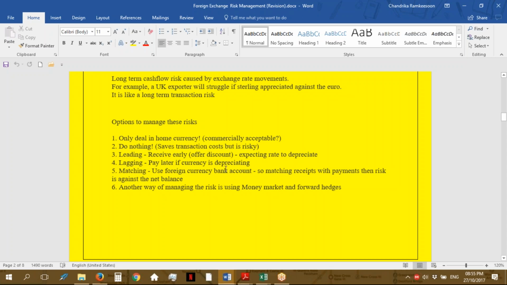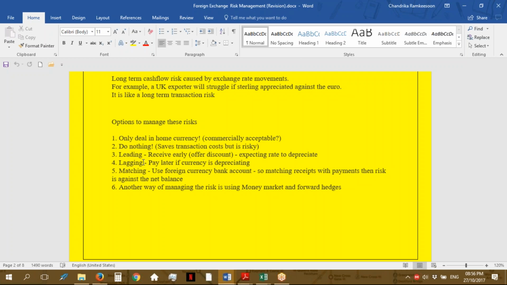Lag in means pay later if the currency is depreciating. Lag in may not be a feasible option because, since it applies to paying, you might want to delay payment hoping that the rate in fact moves in a different direction. But the problem is, in so doing, you may damage your relationship with your supplier because you may be pushing back the payment date too much.